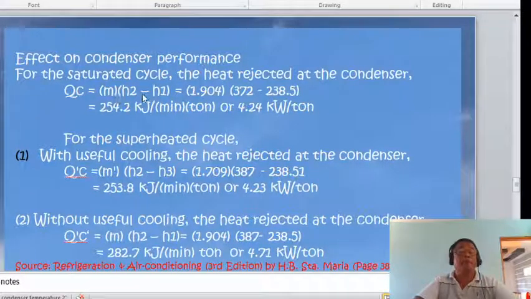For the superheated cycle with useful cooling, m prime times H2 minus H3, the value is 253.8, or 4.23 kilowatt per ton. Without useful cooling, class, that is m multiplied by H2 minus H3, so 1.904 multiplied by 387 minus 238.5, the value is 282.7 kilojoules per minute per ton, or 4.71 kilowatt per ton.